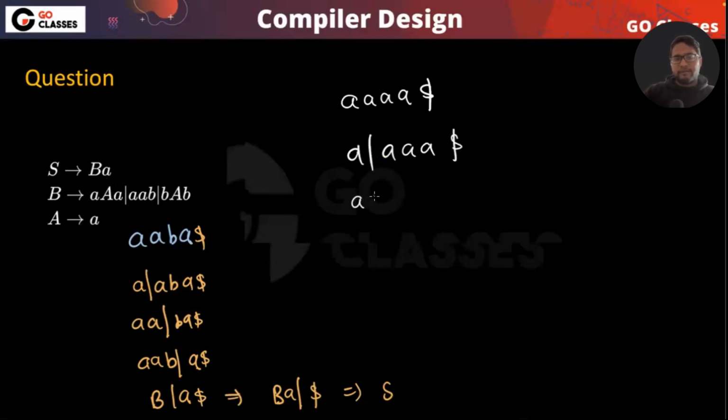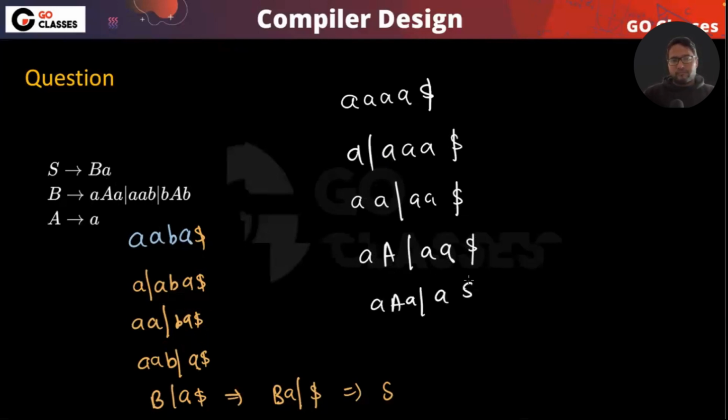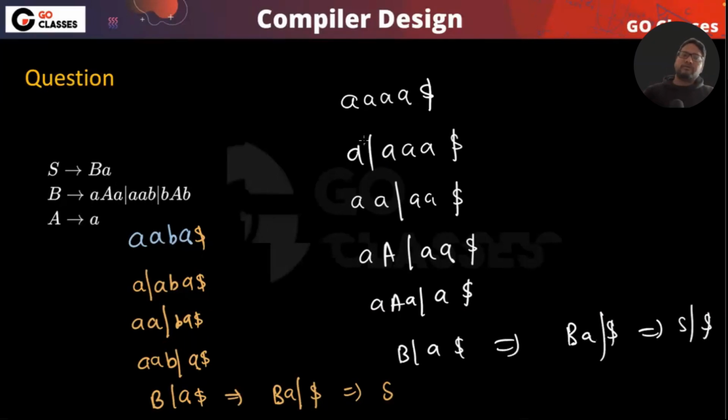Then at this A, you again shift it, right? Understood? Okay. So that's how you can parse it.